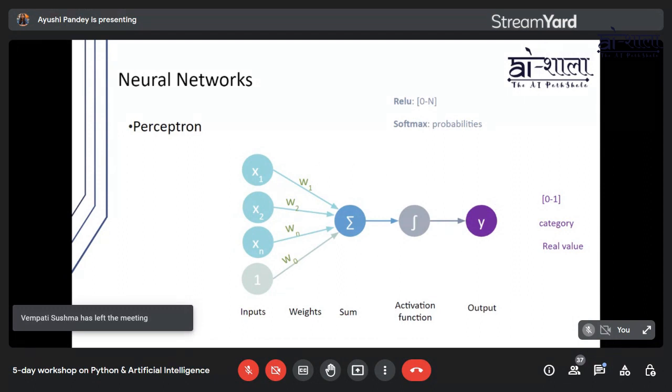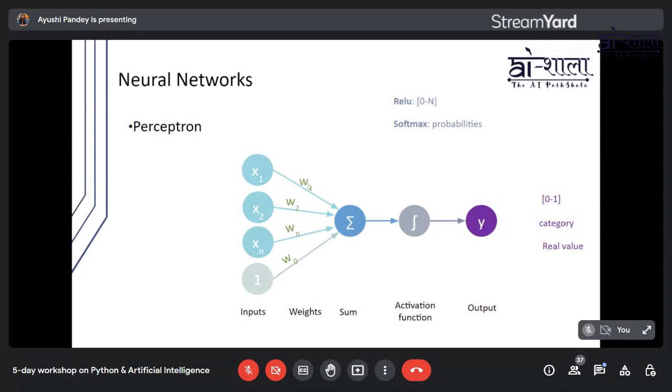So what happens? It begins with inputs, some values as input, always in the form of numbers, and we can have X number of inputs. There are some weights associated with them.